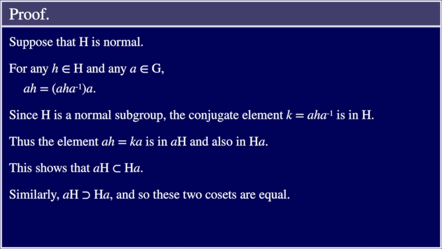Since H is a normal subgroup, the conjugate element k equal to aha⁻¹ is in H. Thus, the element ah equals ka is in aH and also in Ha. This shows that aH is a subset of Ha. Similarly, aH contains Ha as a subset, and so these two cosets are equal.